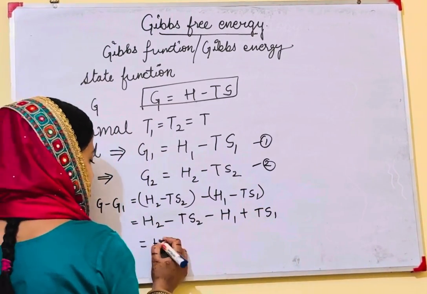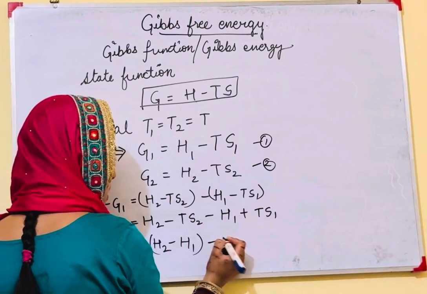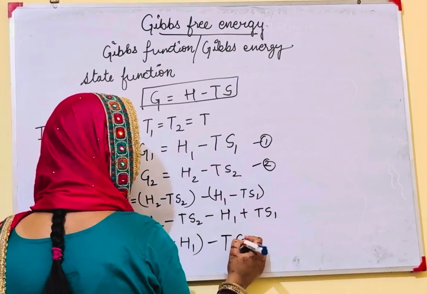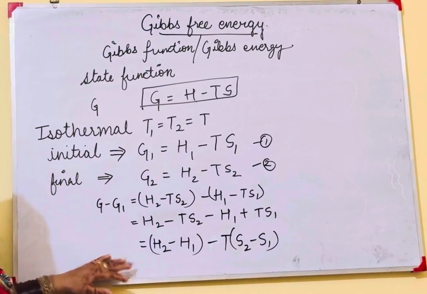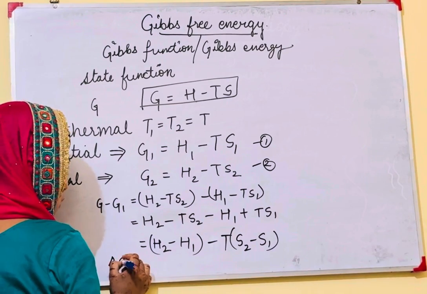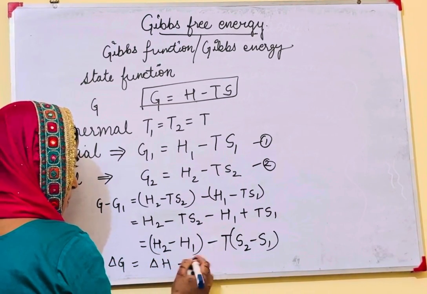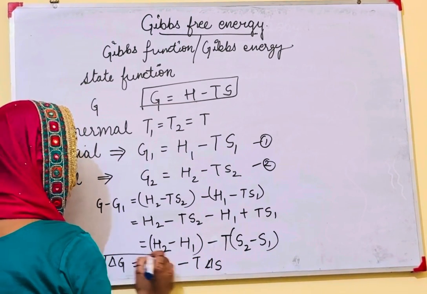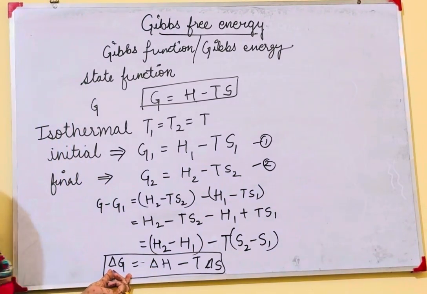We can write it as H2 minus H1, and taking the negative sign and T as common, S2 minus S1. So further we can write it as delta G equals delta H minus T delta S. So this will be the final expression for free energy change.